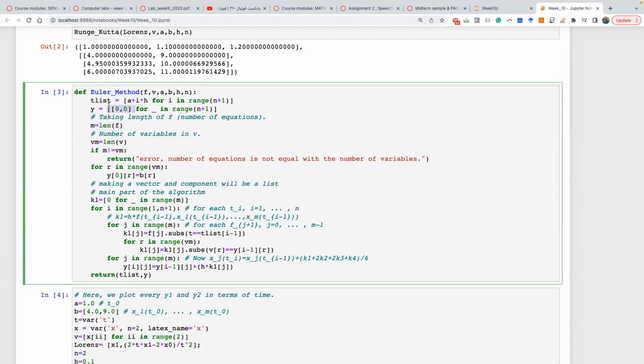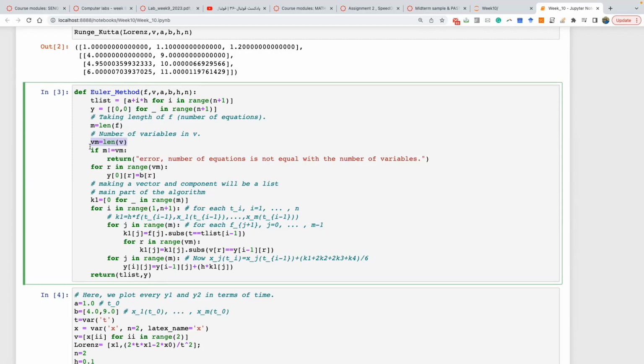I prefer this condition: 2 equations, 2 variables; 3 equations, 3 variables, like the famous Lorenz system. Outside of this, I can do it, but I don't have time.